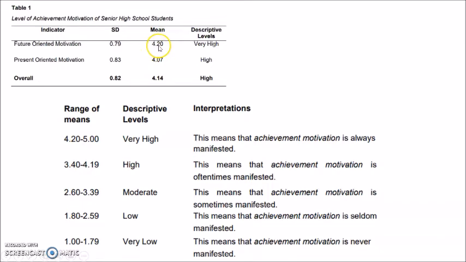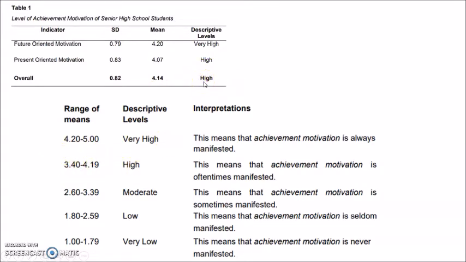The mean of 4.20 is here, 4.20 to 5. It's very high, so we have very high. The mean of 4.07 is here, so it's high. The overall is 4.14, which is still in this range, so that is still high.